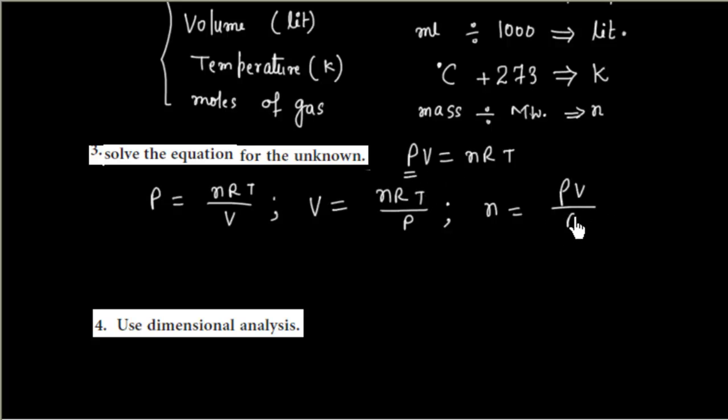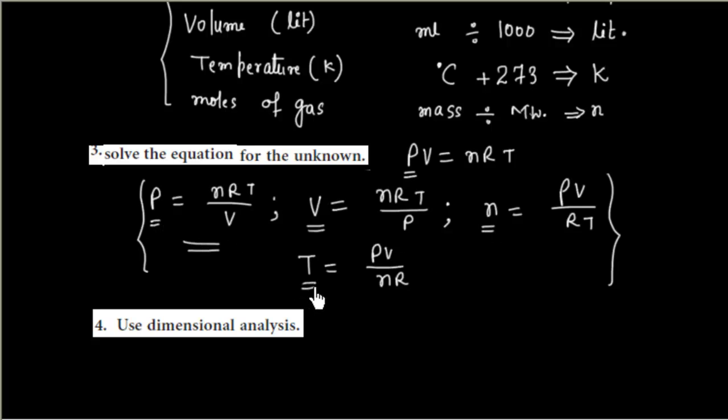If I want to solve for temperature, I will have PV by nR. So whatever the unknown, either pressure, volume, temperature or number of moles, we solve for the unknown and then plug in the values.